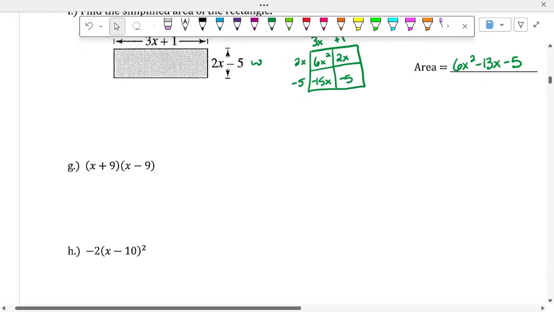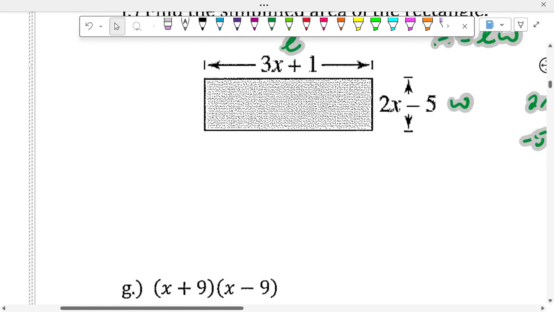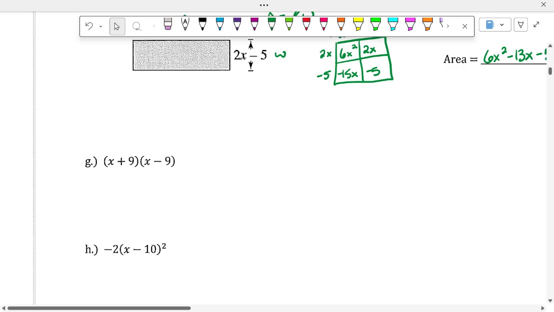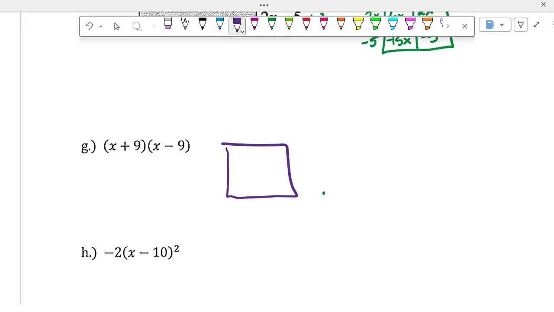All right, now, this next one. So, let's go ahead and box this one. So we know we're going to have a 2x2 box. X minus 9, I'm going to put on top. X plus 9, I'm going to put on the side. What's x times x?